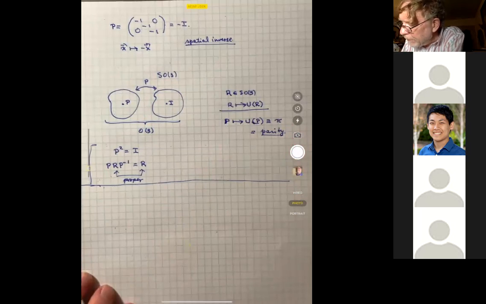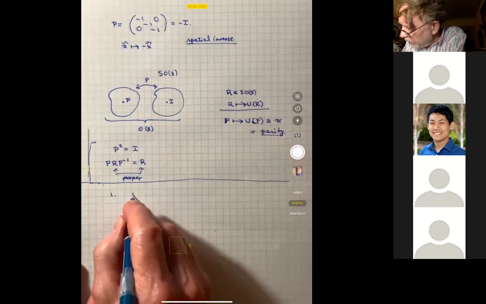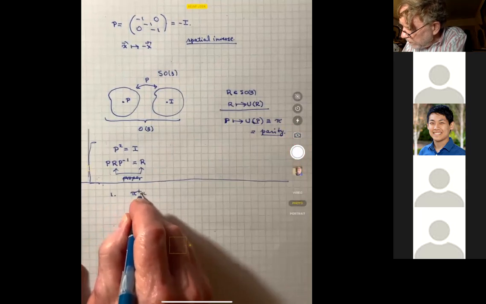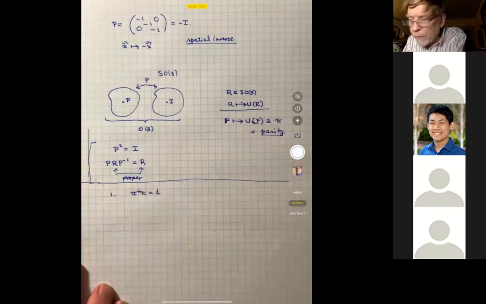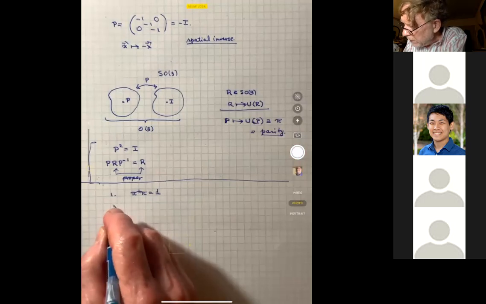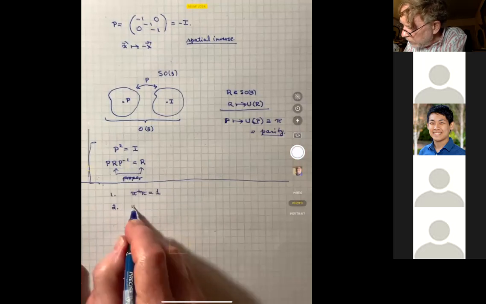Now, what is the parity operator? Well, it depends on the system, just like the rotation operators did. So what do we require of the parity operator? Well, the requirements are the following. First of all, we require that it be unitary: pi dagger pi is equal to 1, because symmetry operators are supposed to preserve probabilities. The second is that we should reproduce the multiplication law, so pi squared should equal the identity.